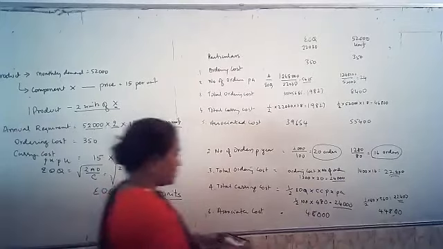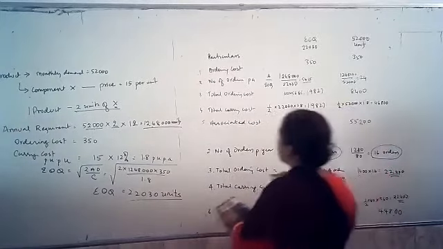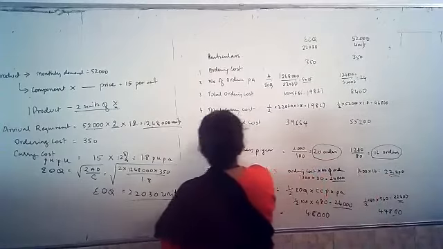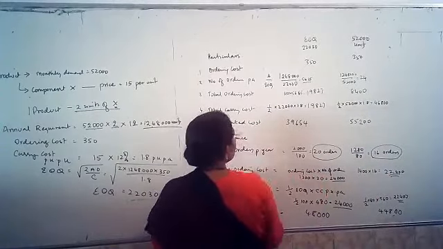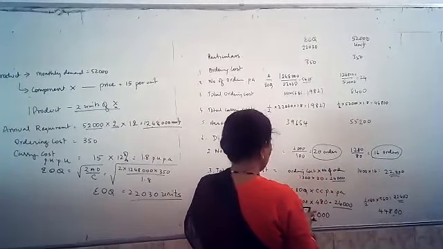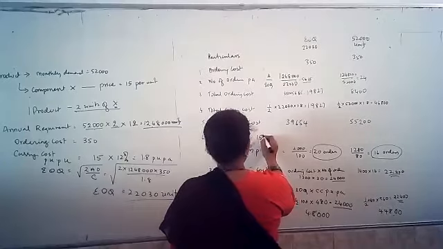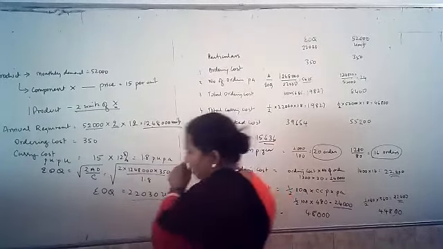Sorry, it is not 400, it is 200. Sorry, 2,200. So now what is the difference? The difference is 52,200 minus 39,564. Let's see, 15,636 rupees is the difference.